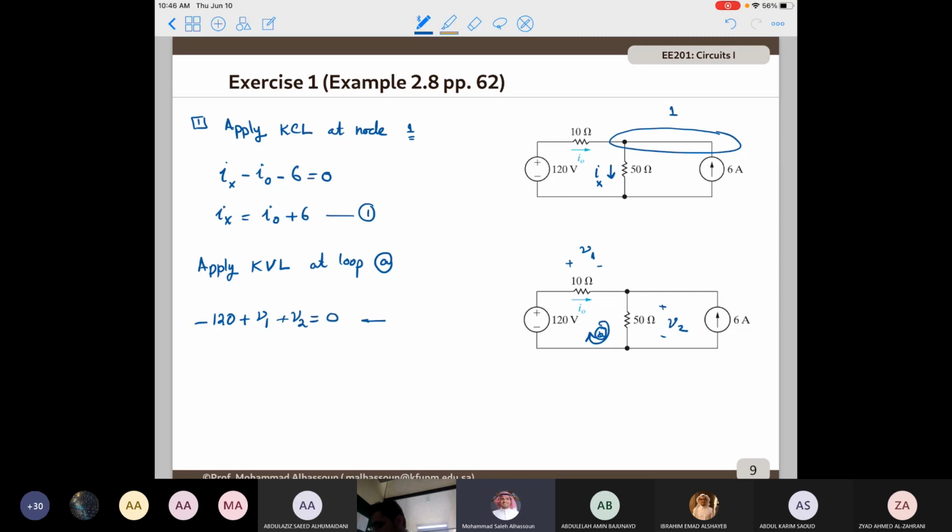So now I have 2 equations and actually 4 unknowns, so I did not simplify the problem yet. Yasser, any suggestion to simplify this problem?